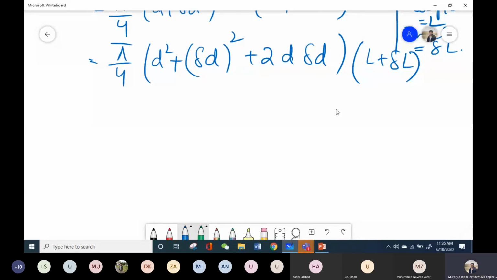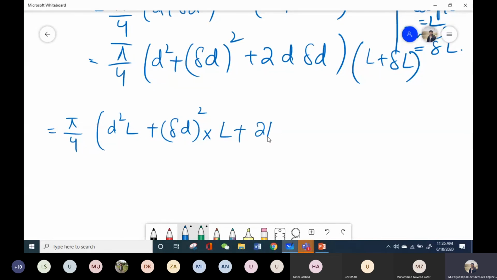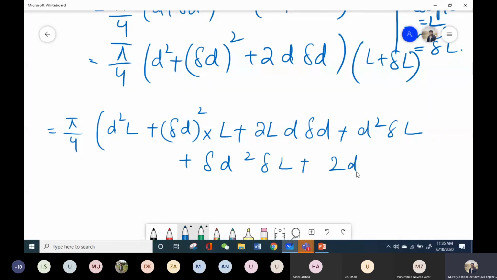If I simplify this further, I will get pi by 4 [d square L plus delta d whole square into L plus 2 L d delta d plus d square delta L plus delta d whole square into delta L plus 2d delta L delta d].